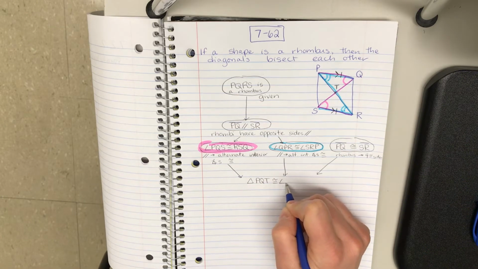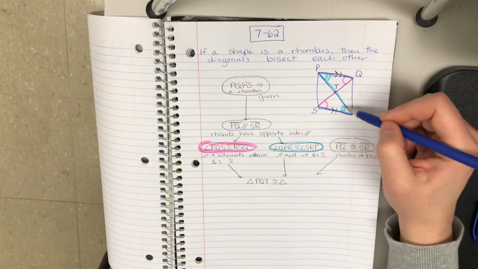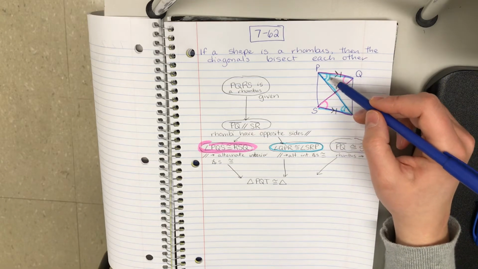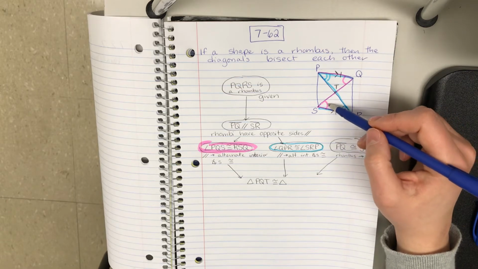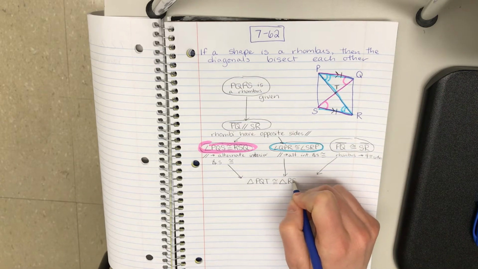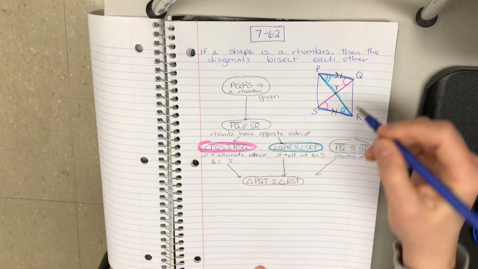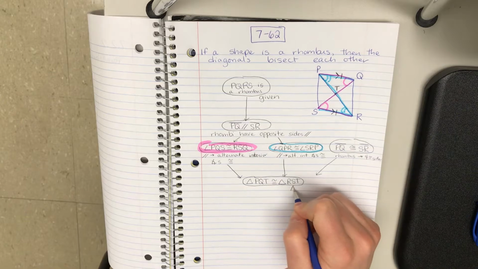is congruent to triangle RST. I'm following the pink Z, so RST, or you could think PQT is blue, pink, nothing. RST, blue, pink, nothing. Okay, I've proven that those two triangles are congruent by angle, side, angle congruence.